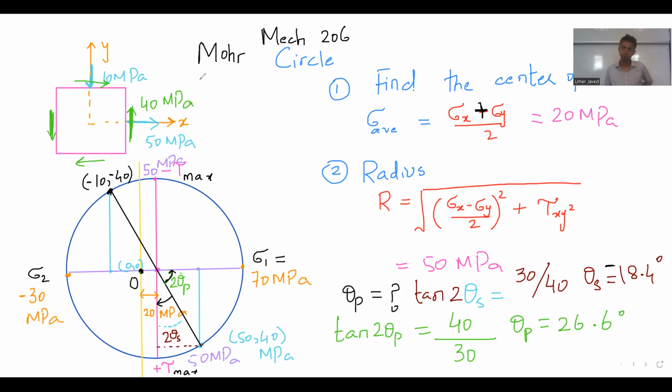And we found that in order to find the maximum and minimum normal stress, we need to turn the square by theta p.